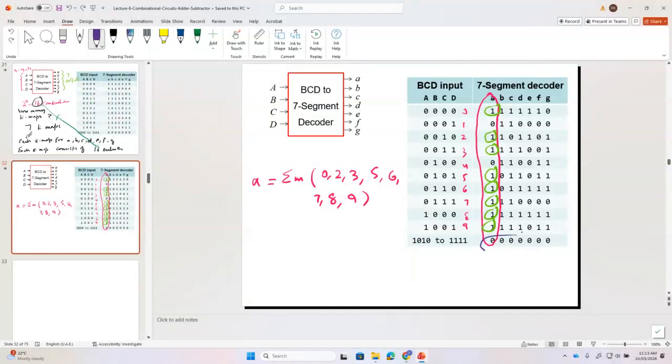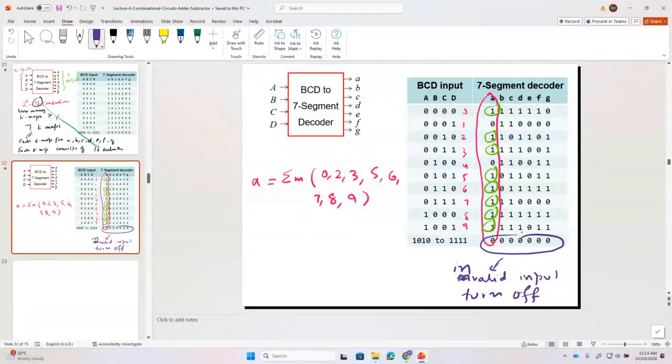Because in the specification, for an invalid input, we want to turn off all the segments. Any question? No, sir. Thank you. So that's the reason we do not need don't cares here.